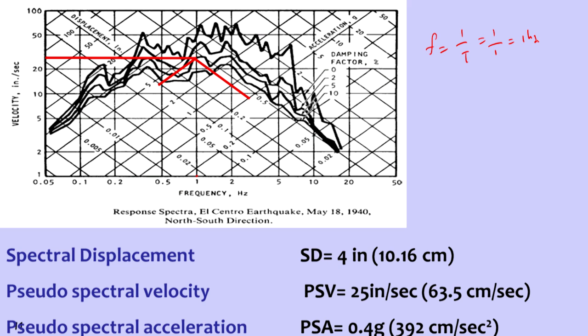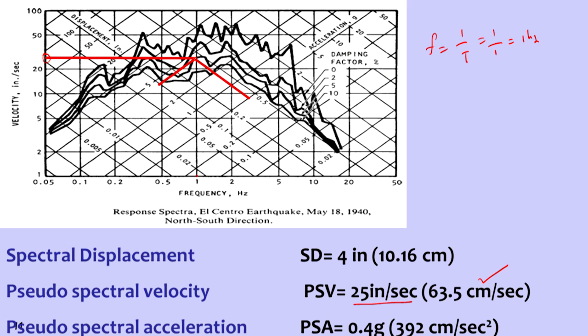Using this 1 hertz frequency, and given 5% damping, the second plot, from there I can directly go to the y axis and measure the velocity. Velocity is 25 inch per second here, and if we convert to the SI system, that is 63.5 centimeters per second. This is the pseudo spectral velocity.